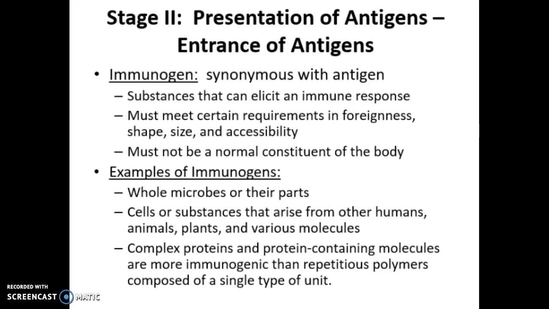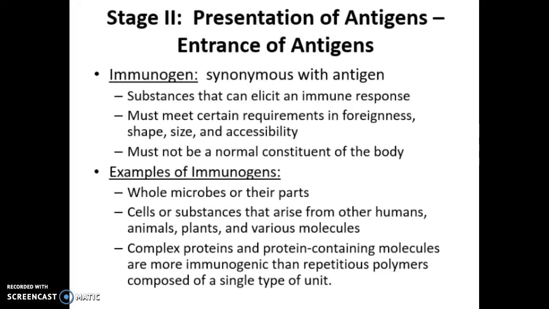And there's also shape and size components that will indicate whether or not it will be a good immunogen or not. And accessibility, how accessible is that immunogen or antigen to the immune system itself?